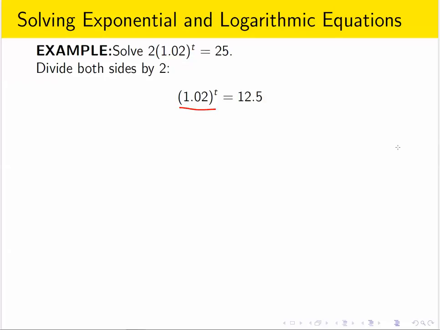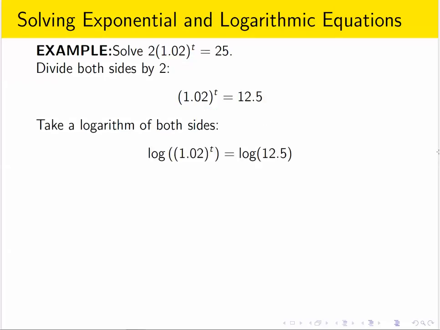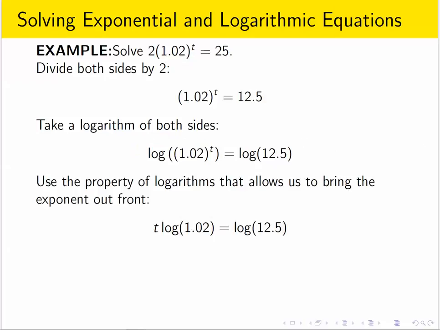The next step will then be to apply the property of logarithms again. So we're going to take the logarithm of both sides, allowing us to bring the exponent out front, changing this into multiplication now. So we brought the exponent t out front, giving us t times log of 1.02.